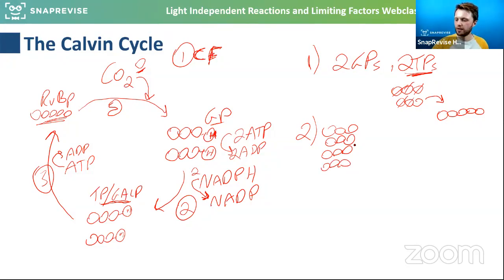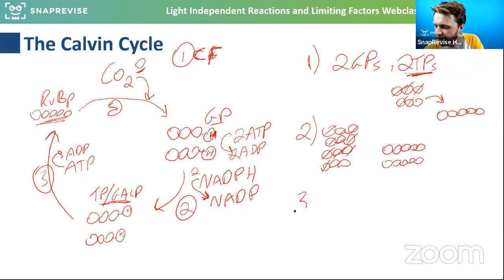So if I do it twice, I'm going to make 4 TPs. If I try to turn that into ribulose bisphosphate, 1, 2, 3, 4, 5, cross that out. Oh, lovely, I can do that. See if I can do another one: 1, 2, 3, 4, 5. Oh, damn. I'm left with 2 carbons left this time. None of these have 2 carbons, so I can't do that either.